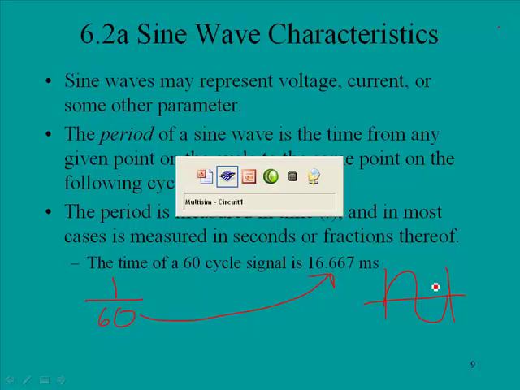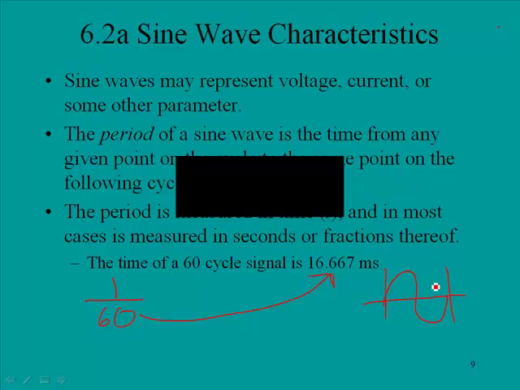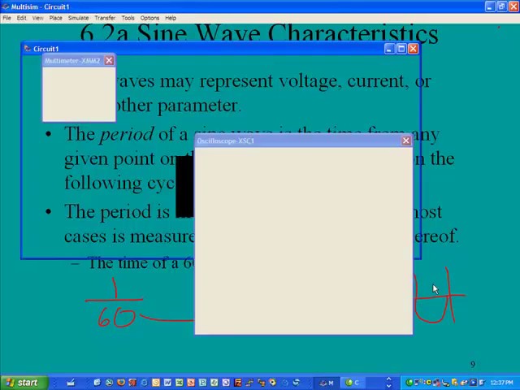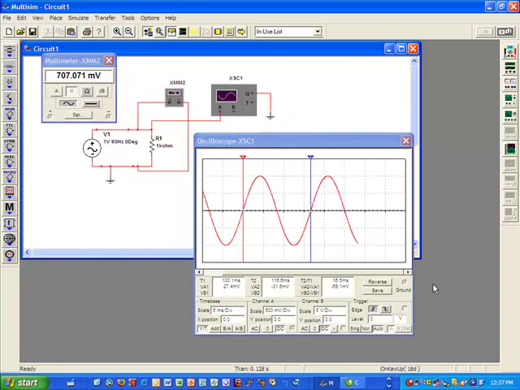And we could look at a circuit simulation, and here we would have the period of 1 cycle, and this actually came from our previous lesson. Remember, we started out with 1 volt at 60 hertz, and this is the resultant sine wave, and the time from right here to right here represents 1 period.